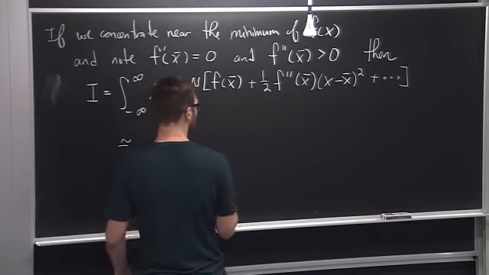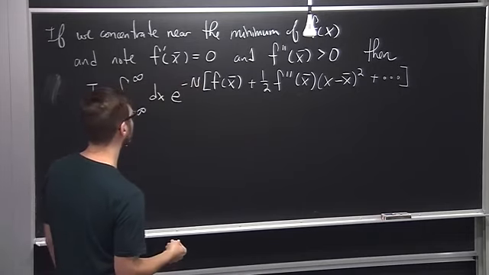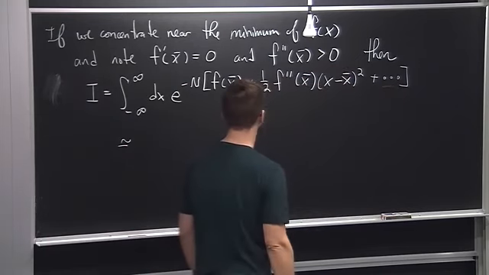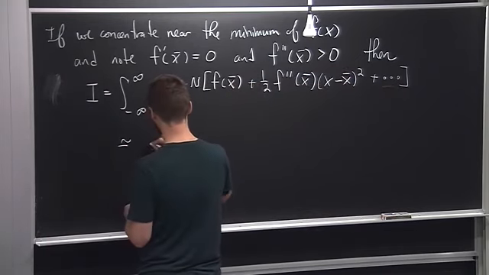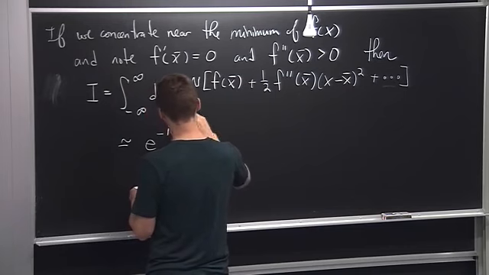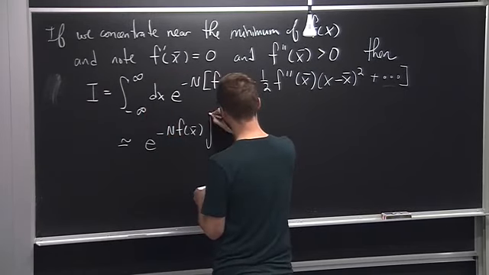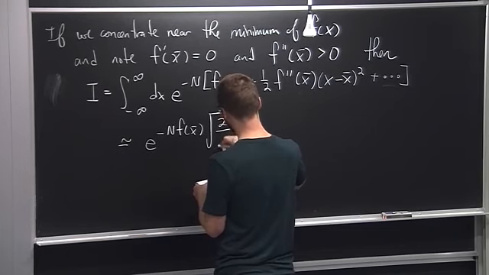So an approximate expression for this integral, and it's approximate because I've thrown out higher order terms. So again, this might be accurate to various degrees, depending on what your function looks like. It'll just be something like this.